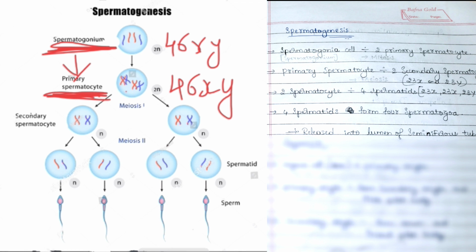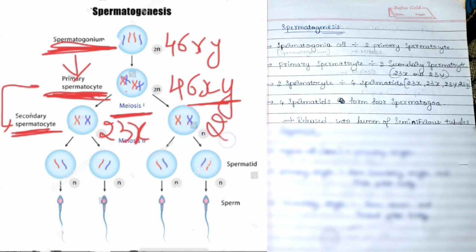And the second step is primary spermatocyte is divided into secondary spermatocytes by meiosis 1 division. And here the cell which is 46XY is divided into 23X and 23Y.